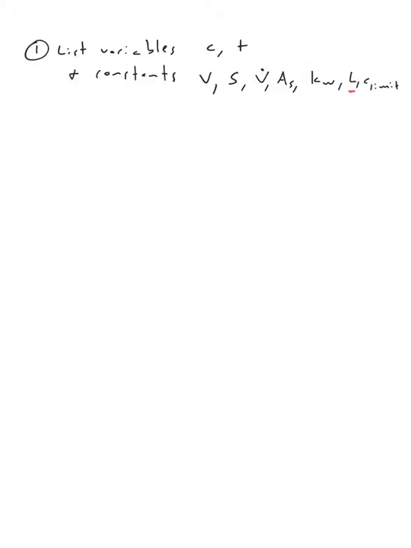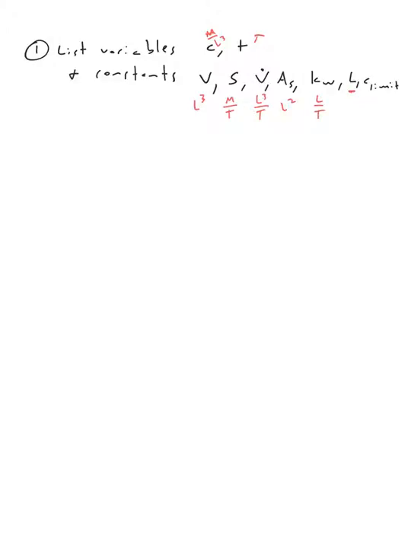All right, so let's look at what the dimensions are here. We have C, that's mass per length cubed. We have time, that's time. We have V, that's length cubed. We have S, that's mass per time. We have V dot, that's length cubed per time. We have AS, that's length squared. We have KW, that's length per time.